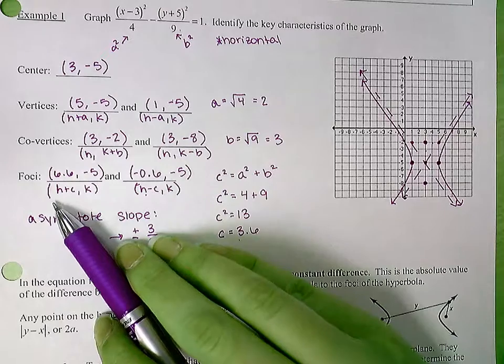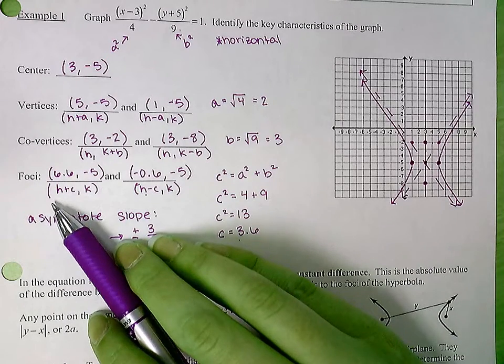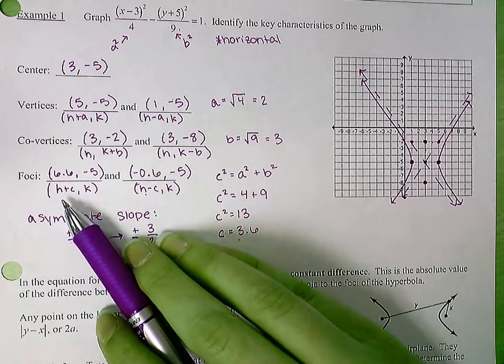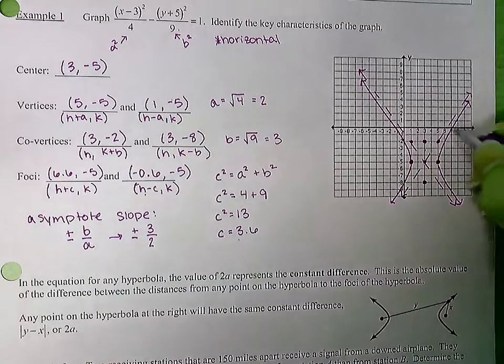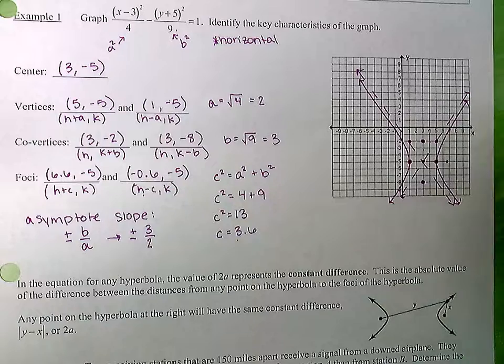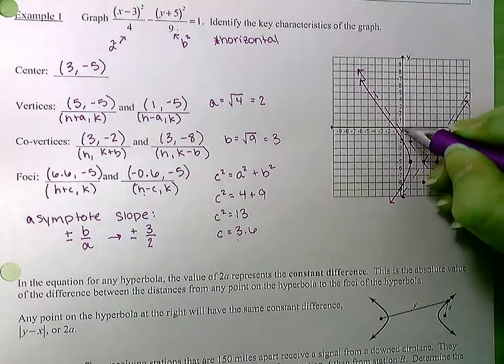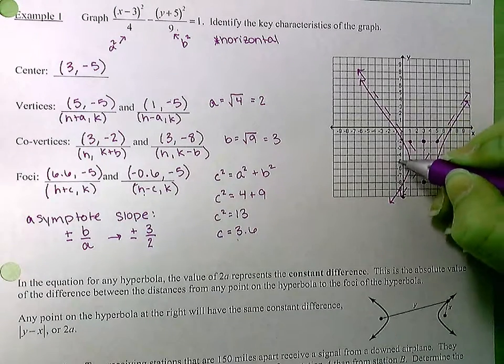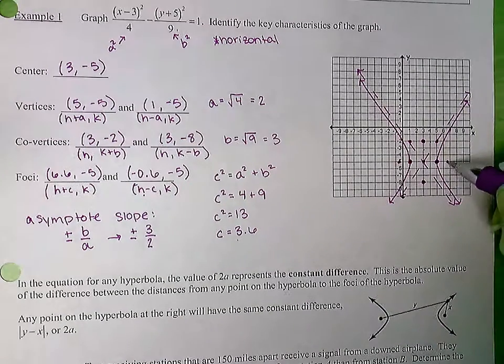Okay, you can also plot your foci points. Okay, that's at 6.6, -5 and -0.6, -5. Okay, those are your foci points.